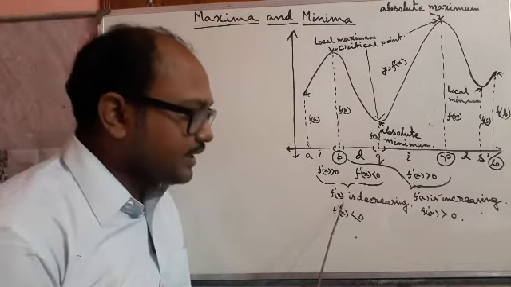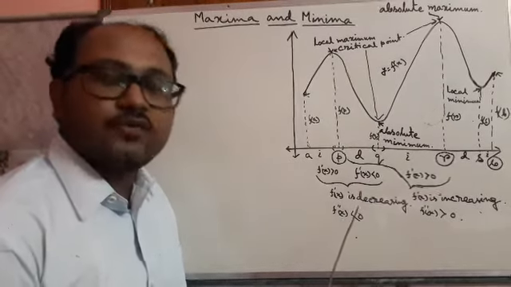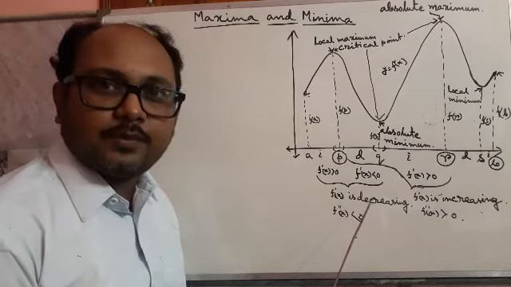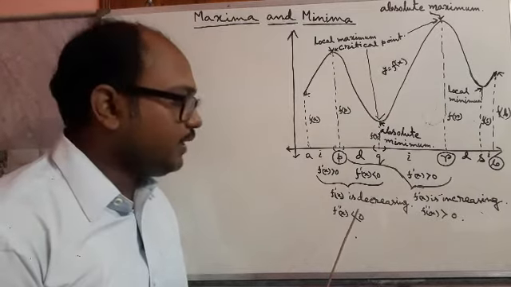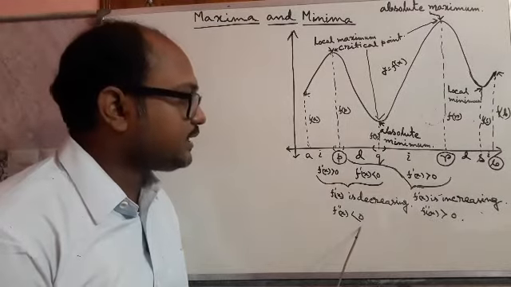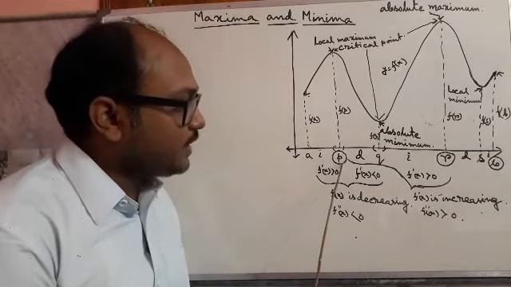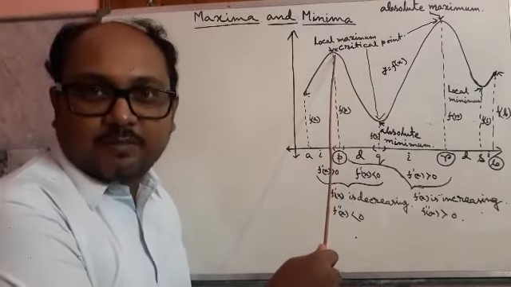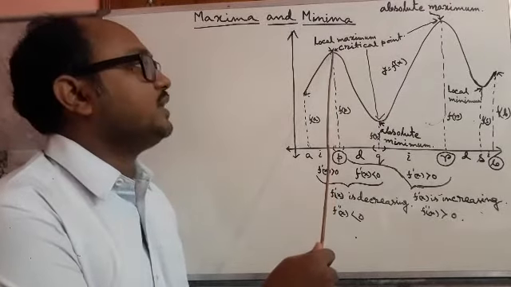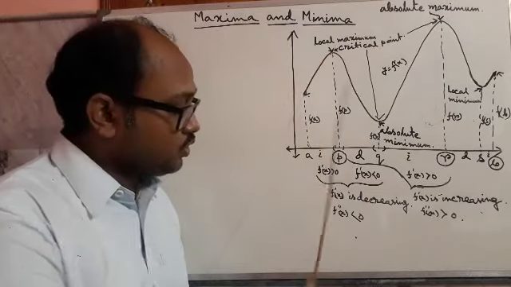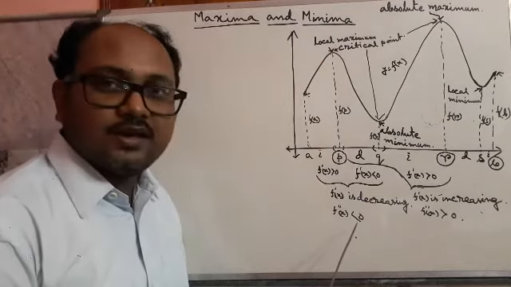As f dash x is a decreasing sequence, that means again if we do the derivative of it, it will be less than 0 for a decreasing function, that means f double dash x less than 0. So at this particular point where the maximum value is attained by the function, at that point the first order derivative is equal to 0 but the second order derivative is less than 0.